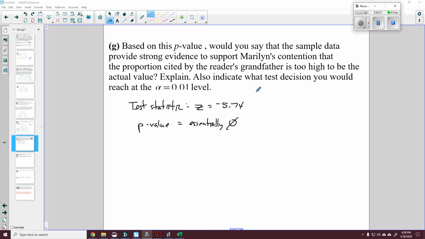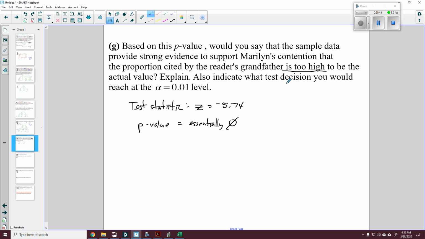So following this procedure, based on this p-value, would you say that the sample data provides strong evidence to support Marilyn's contention that the proportion cited by the reader's grandfather is too high to be the actual value? Again, it's a bunch of double negatives, but that's just the way we have to do it.